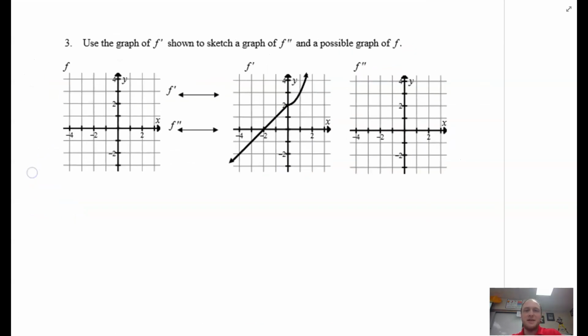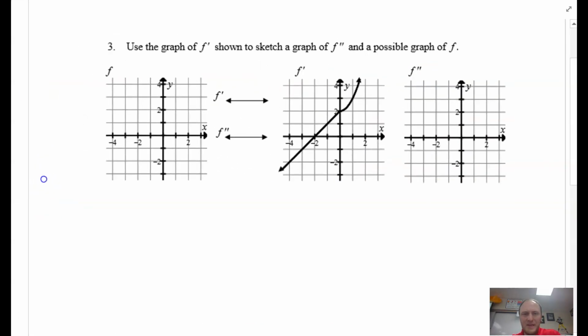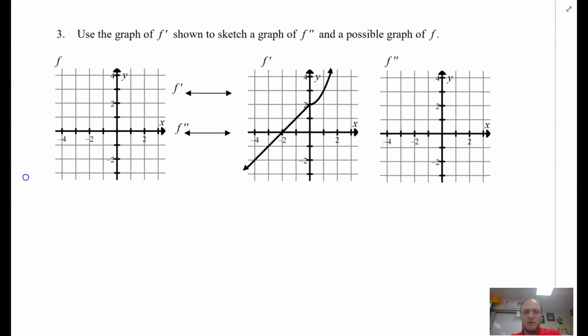Okay, here is example 3. And on example 3, we have some interesting stuff going on. Okay, I have a point here of non-differentiability at 2, so that's important to note.